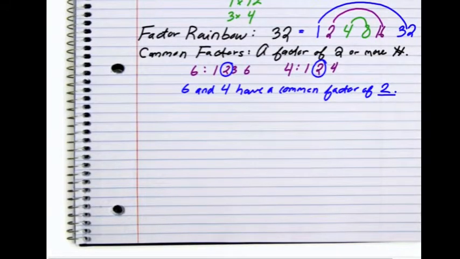Now I want to talk to you briefly about multiples. Multiples are the product of any two numbers, any two sets of a number other than 0.